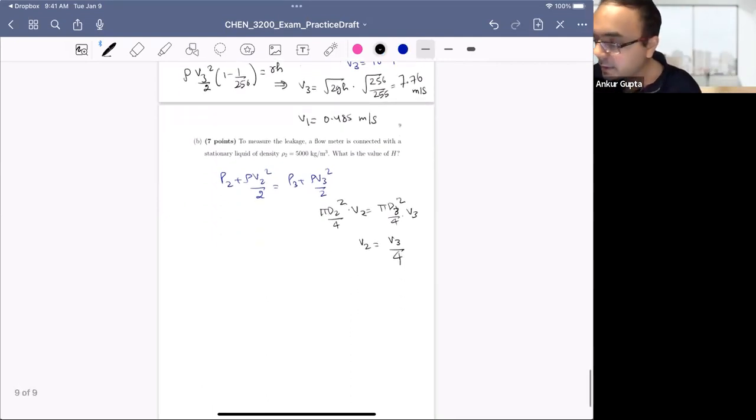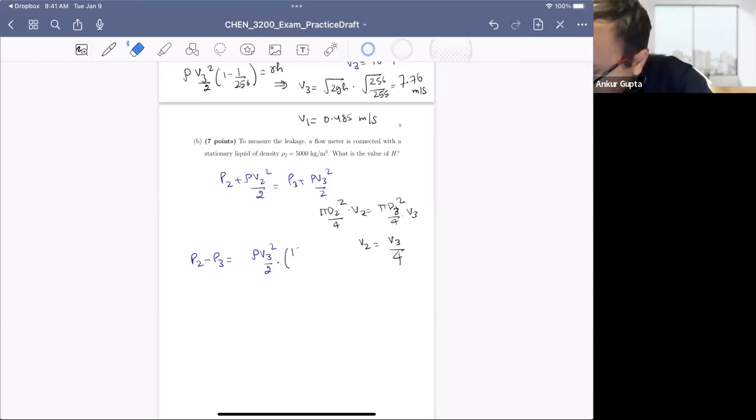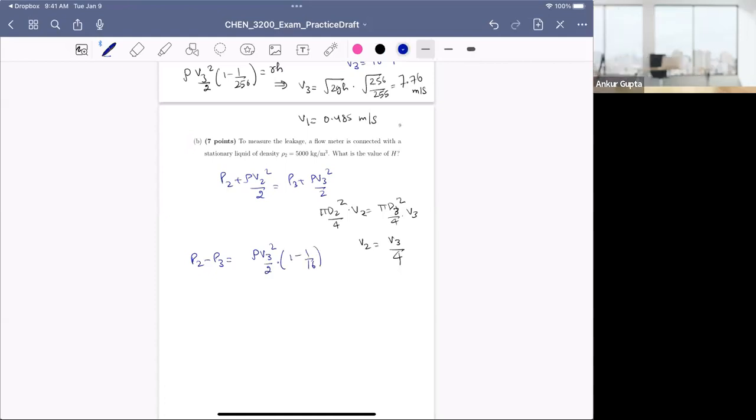So essentially what I'm getting here is P2 minus P3 is equal to rho V3 square by 2 times 1 minus 1 by 16, because I'm taking the square of this number.